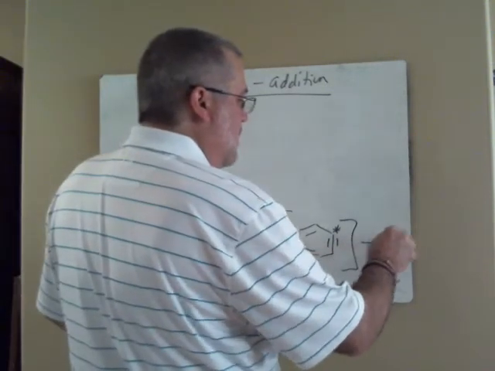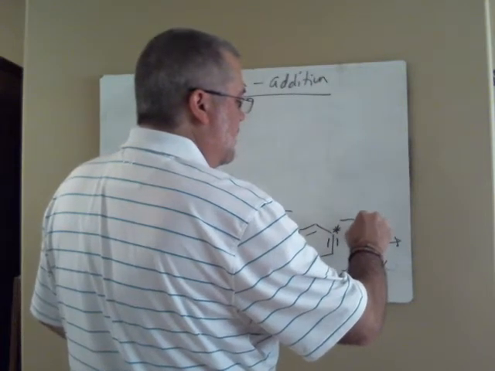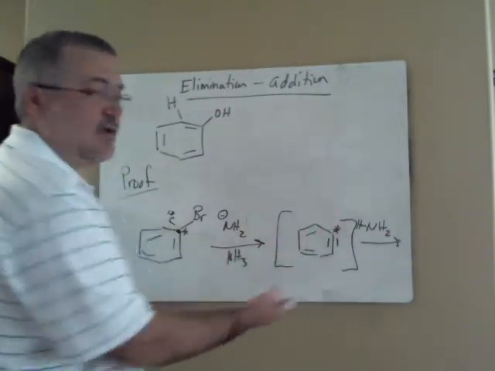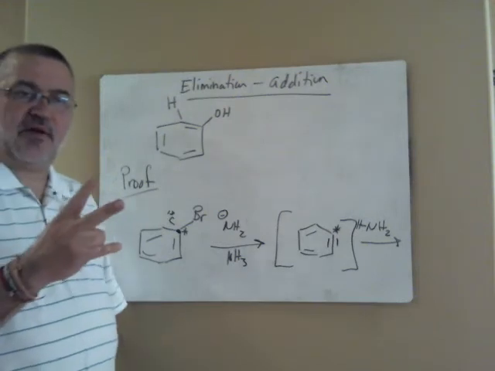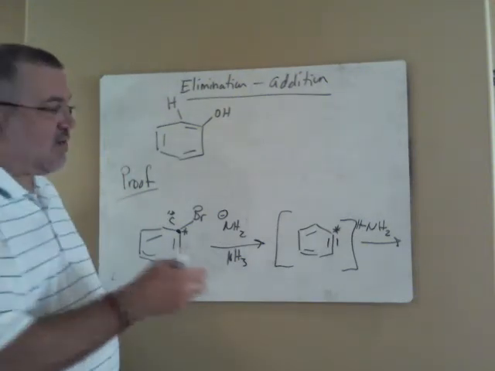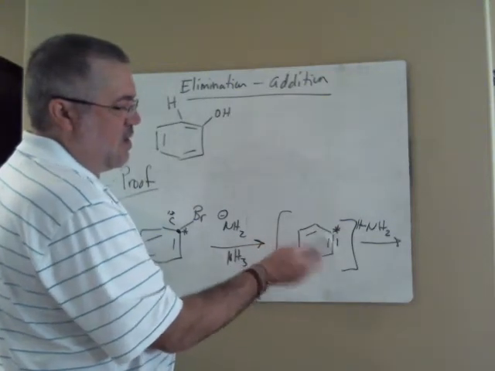Then, when the ammonia adds across that bond regiochemically, there are two ways it could add, right? The NH2 could add here, or it could add here.